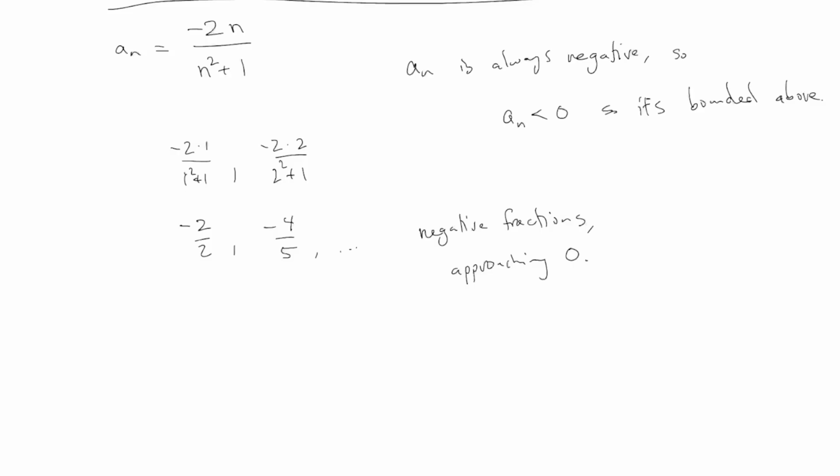That means if you were to imagine what the chart of these looks like, they all look like this. They are negative and approaching 0 like that. That means they are bounded below by something down here. I'll say -2 is the lower bound for all of those. Ordinarily, I would pick -1, although the first one actually equals -1, and I need a number which is less than all of them.